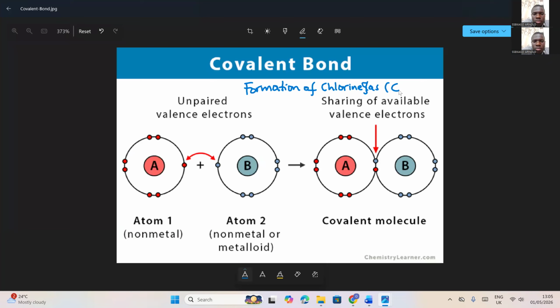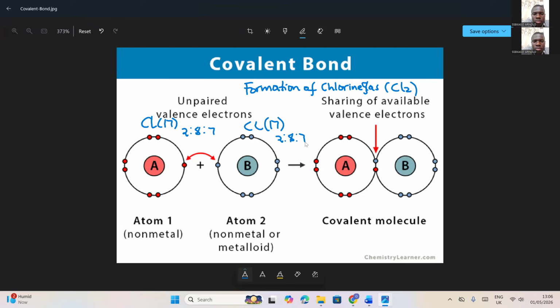Chlorine gas is Cl2, so it comes from chlorine and chlorine. This is one chlorine, this is another chlorine. Chlorine is element 17, with electronic configuration 2, 8, 7. Also this has electronic configuration 2, 8, 7. So there are 7 electrons in the outermost shell.